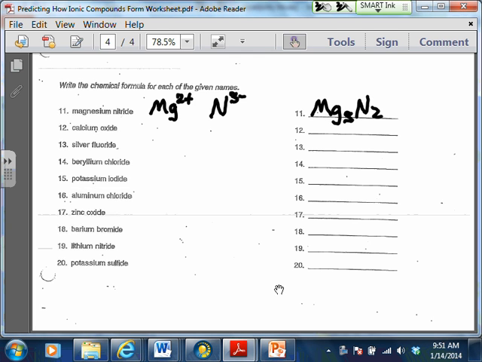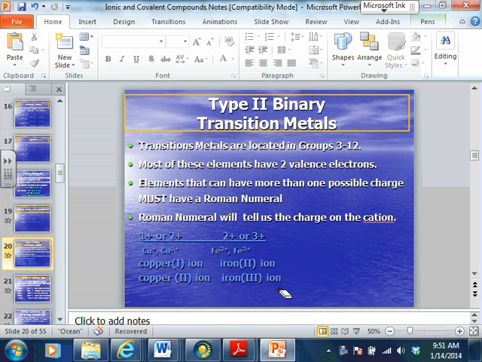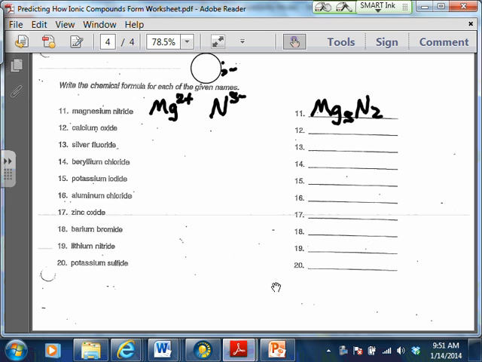Because what that's telling you is, if you've got 3 magnesiums, that's a total of a 6 plus from the magnesiums, right? Because each of them is a 2 plus. If you've got 2 nitrogens, that's a total of 6 minus. So 6 plus, 6 minus, that's going to equal 0, right? All you have to do to figure out the formula is crisscross the charges.